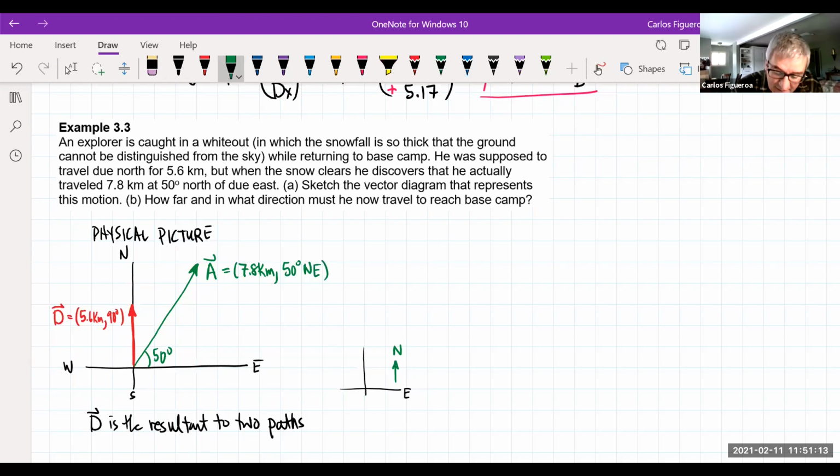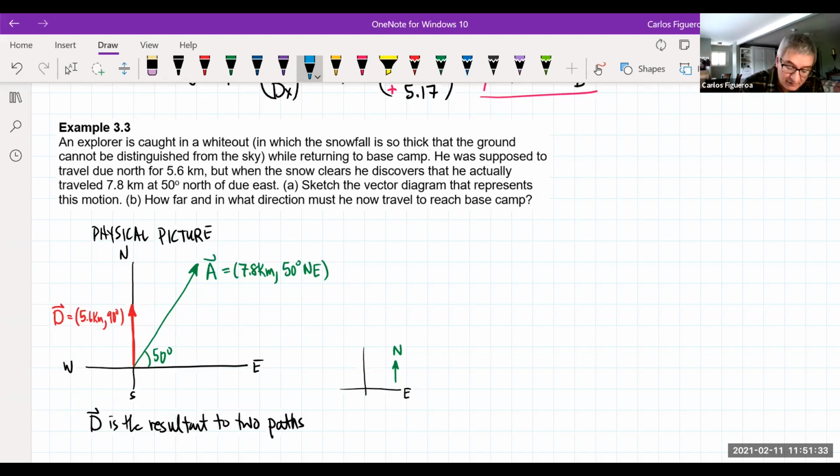So then the snow clears up. It's pretty spooky to try to walk out in a whiteout situation. Hopefully this dude spent the night there. And then what happens here is that he knows that he's off track. So what does he do?